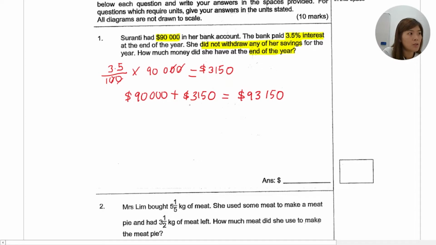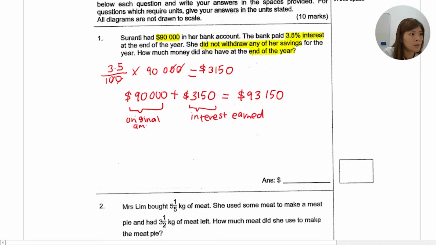So $3150 is the interest earned, and $90,000 is the original amount in her bank account. So your answer here would be $93,150.